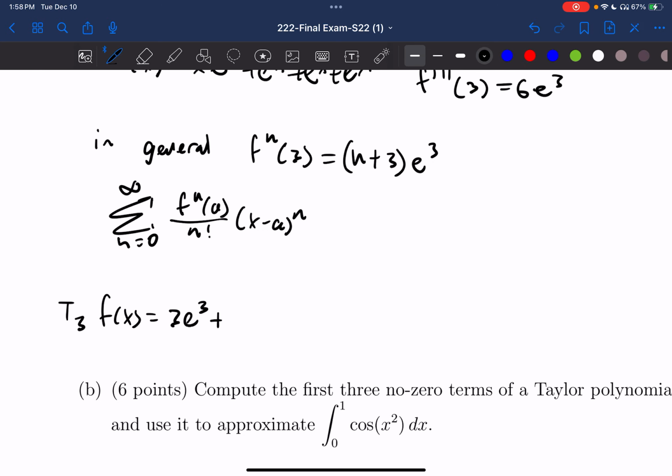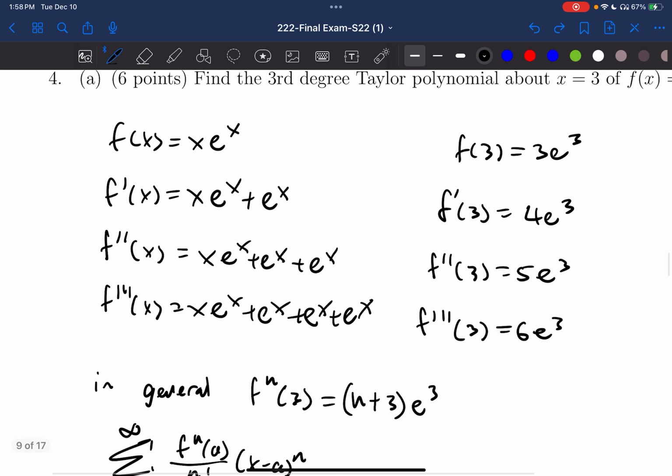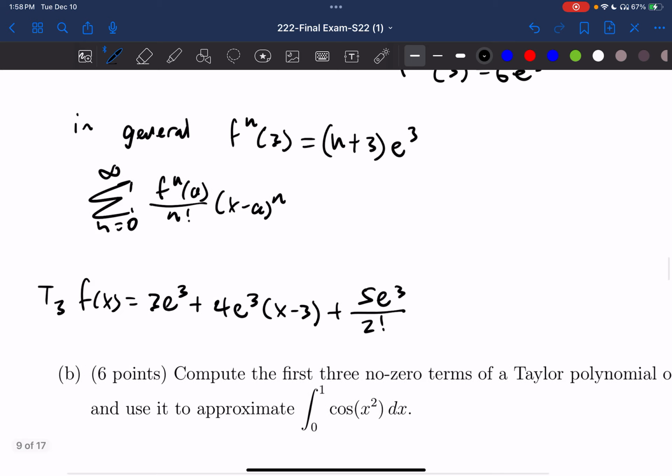Plus, plugging in n equals 1, this will be 1, and this will just be x minus a. So we'll have 4e to the third power times x minus a, which is going to be 3. This will be plus, now we have 5e to the third power, divided by, plugging in 2, we're going to get 2 factorial, which is just 2.